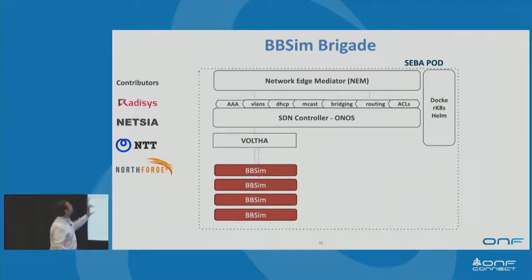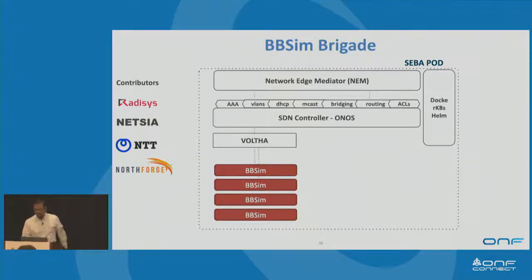So the job of the BBSim Brigade is not to worry about the scalability of the pod itself, but to worry about BBSim itself and ensure that BBSim itself scales, right? As a tool to measure scale of the rest of the pod, it itself needs to scale. And so that's the job of that particular brigade. So very, very interesting work.